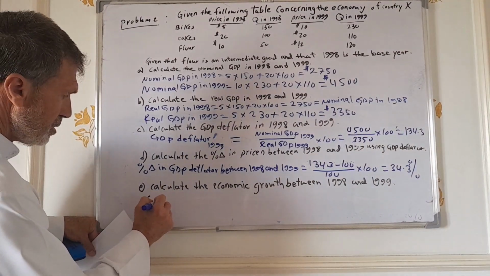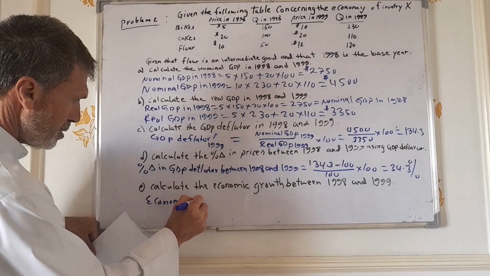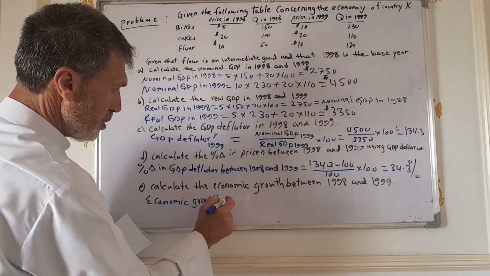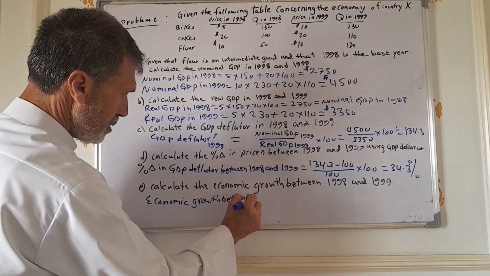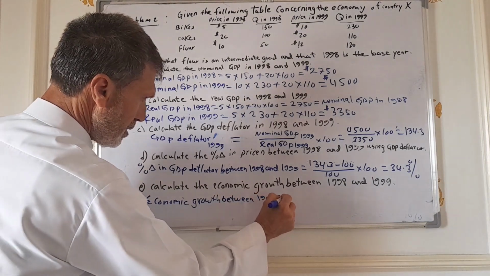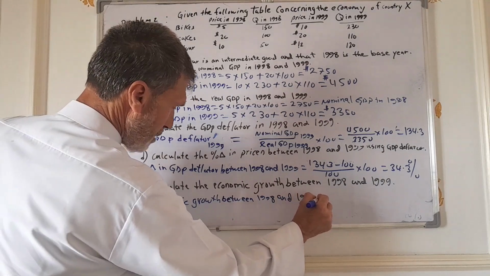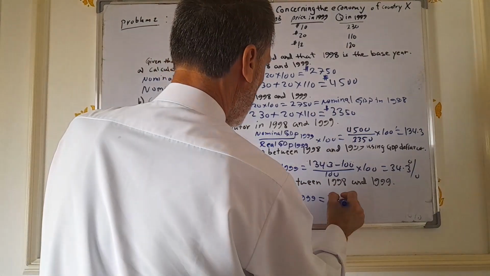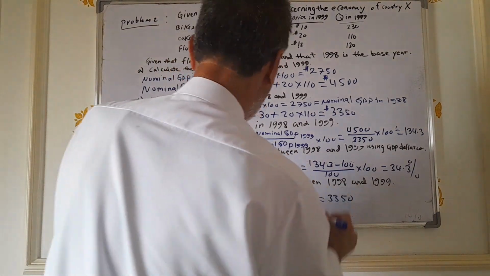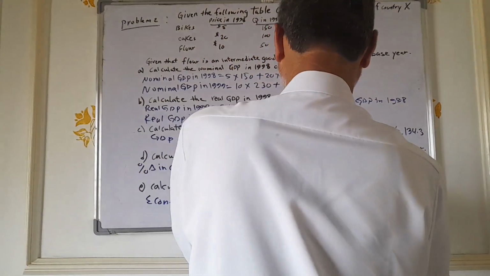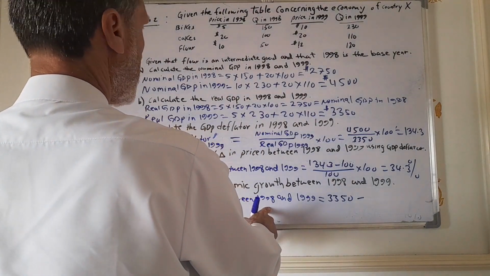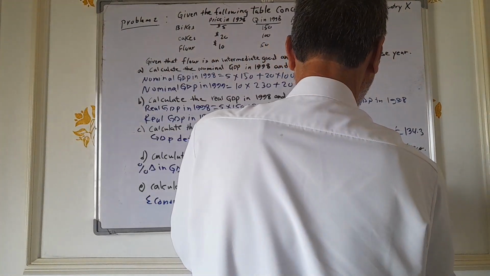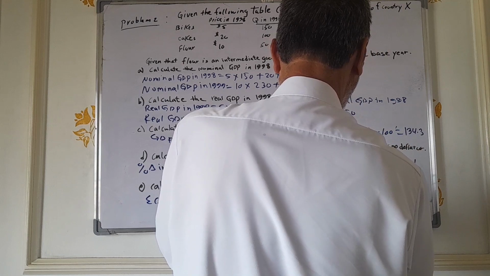Economic growth between 1998 and 1999 is going to be equal to real GDP in 1999, 3,350, minus real GDP in 1998, which is 2,750, over 2,750.